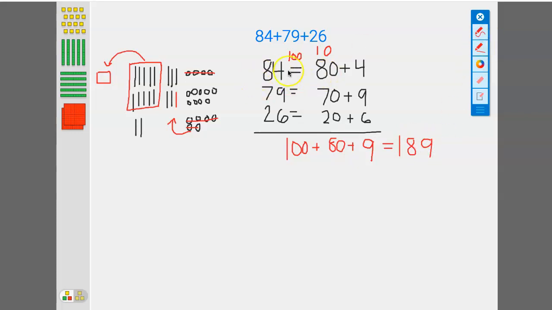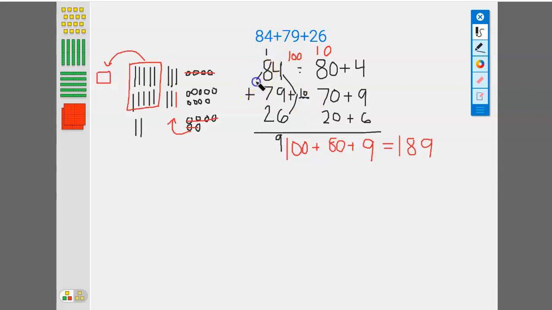Now, this is called expanded form, and this is called quick tens. If you want to do it using new groups above or new groups below, it would look like this, right? 84 plus 79 plus 26. You can just say, 4 plus, here, I'm going to erase some of this so it's out of the way. You could just say 4 plus 6 makes 10, plus 9 makes 19. So then you take the 9, and then you take this 10, and instead of showing 10, you show 1 10 here.